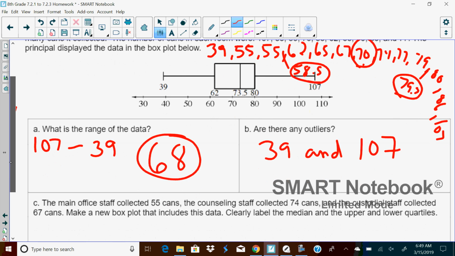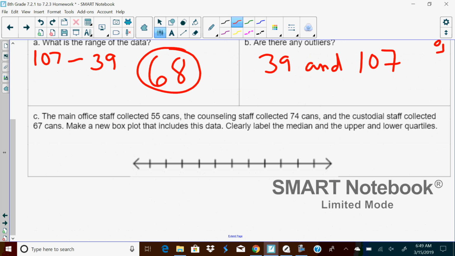So if I were to make a new box and whisker plot, I would still count by the same scale. So I started at 30. So my new dots, I'm going to put a dot above 70. Still have one above 39 and 107. And then I need a dot above 58.5.